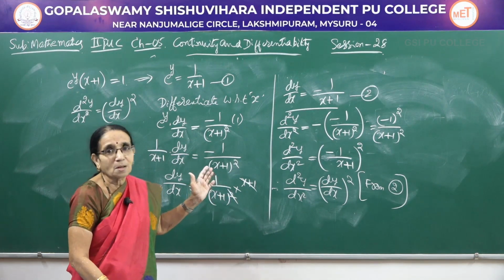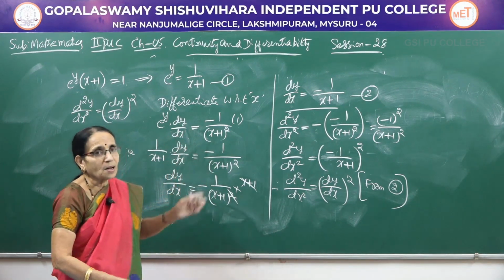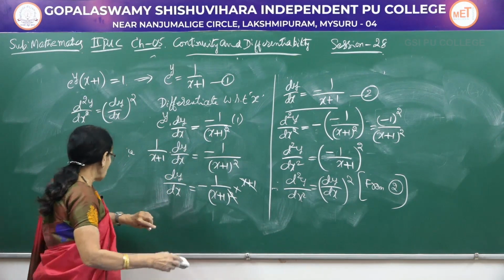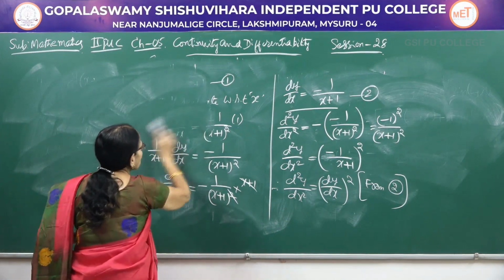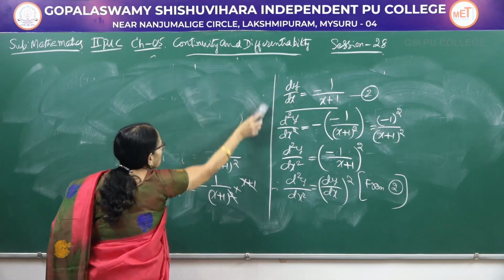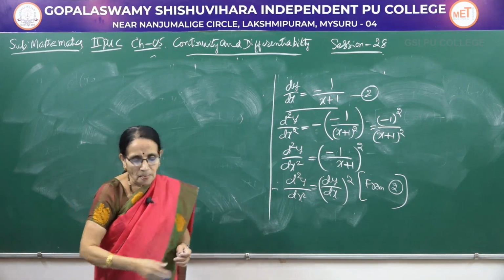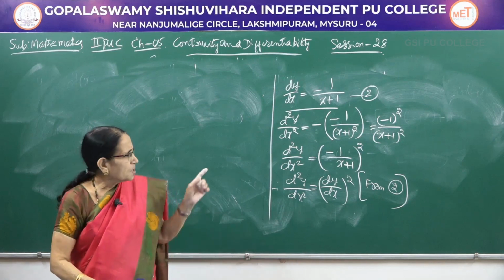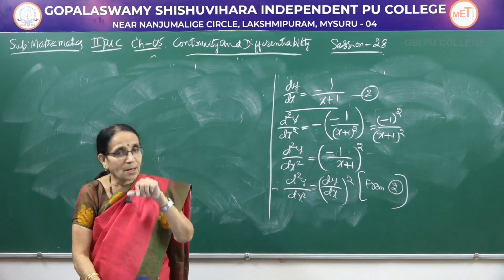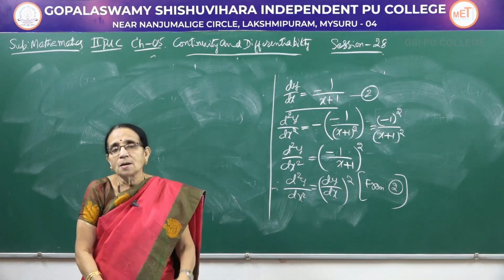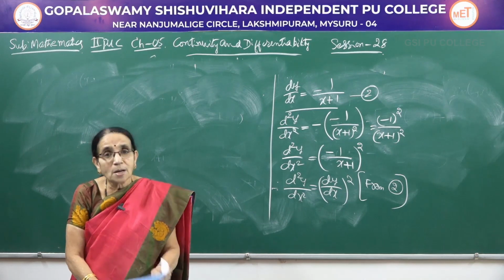It is not possible in all the problems. This particular function, because of the way it is defined, you get the result like this. Now, these are the few problems which I wanted to take up in this session, and usually this problem is given for a 3-mark question, and another problem I had done, cos inverse x, express the answer d square y by dx square in terms of y alone.